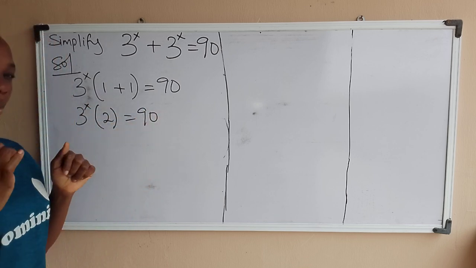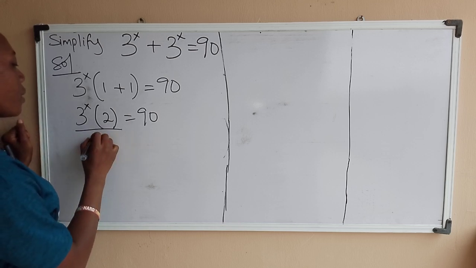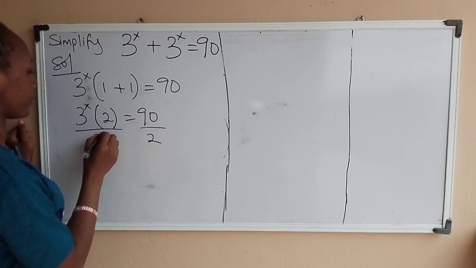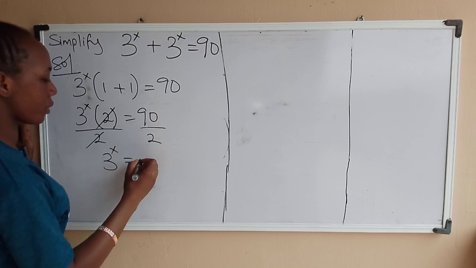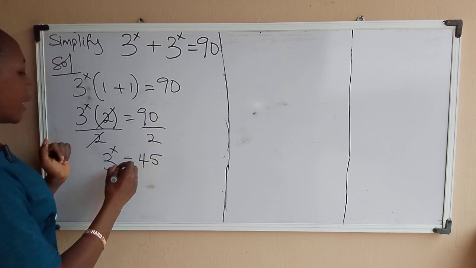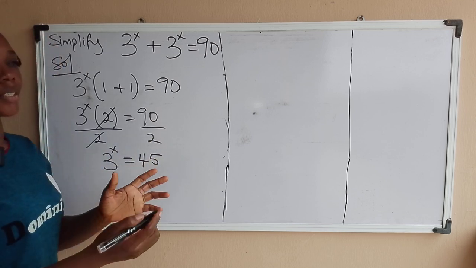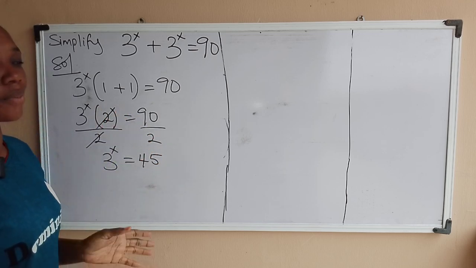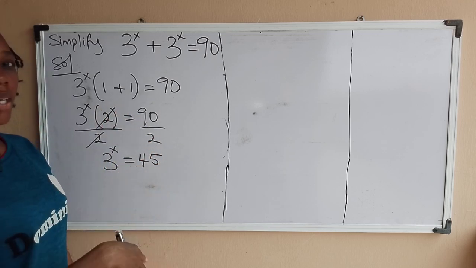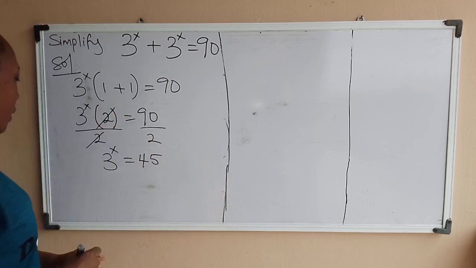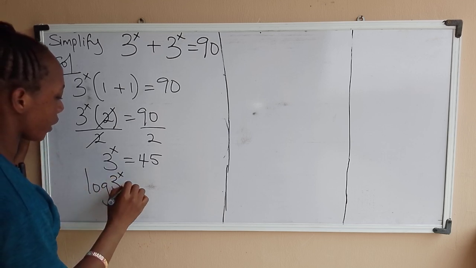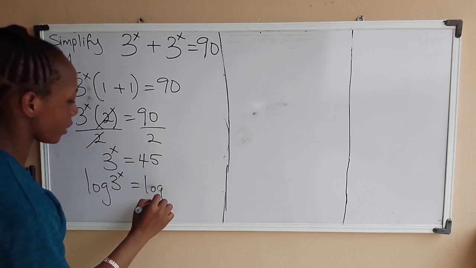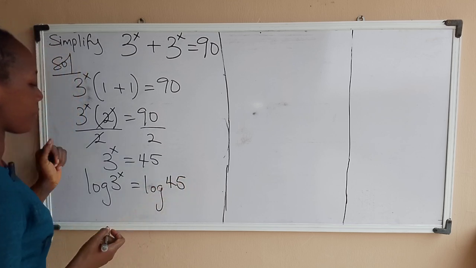Can you see what we're doing? Next, we're going to divide both sides by 2. So we have 3 to the power of x equal to 45. Now, when you get to this part, the next thing you're going to think of doing is to find the log of both sides. So log 3 to the power of x equals log 45.